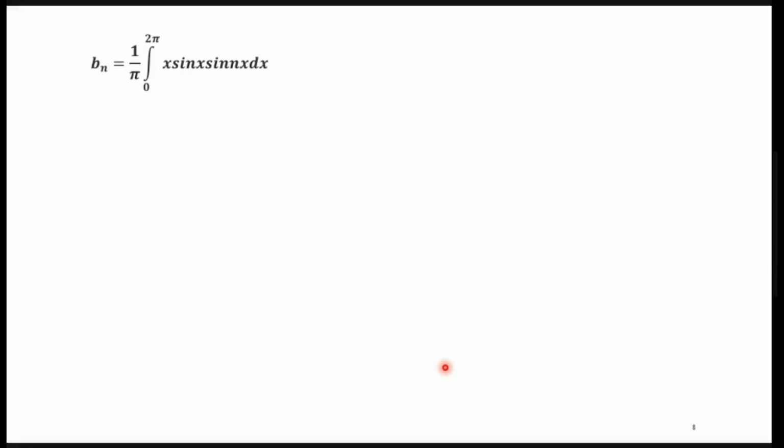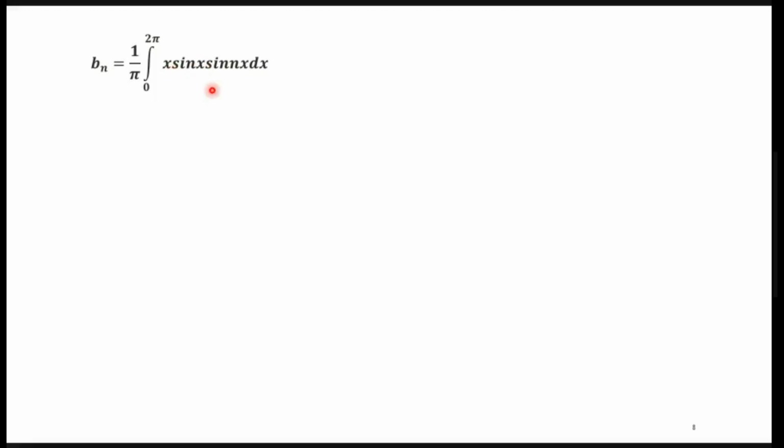So calculating bn. bn is equal to 1 by pi integral 0 to 2 pi f(x) into sin nx. f(x) is x sin nx, so it is 1 by pi integral 0 to 2 pi x sin x into sin nx.